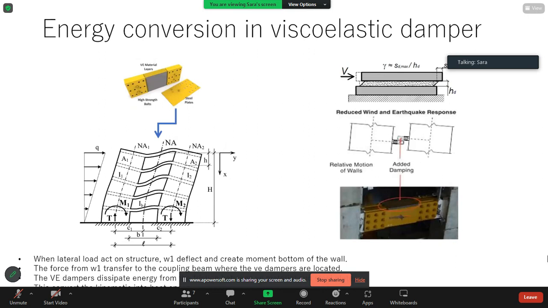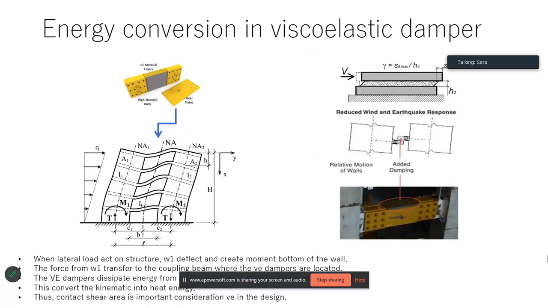Then, about energy dissipation in the viscoelastic dampers: when the lateral load acts on the structure, wall 1 deflects and creates moment at the bottom of the wall, and then the force from wall 1 transfers to the coupling beam where the viscoelastic damper is located.